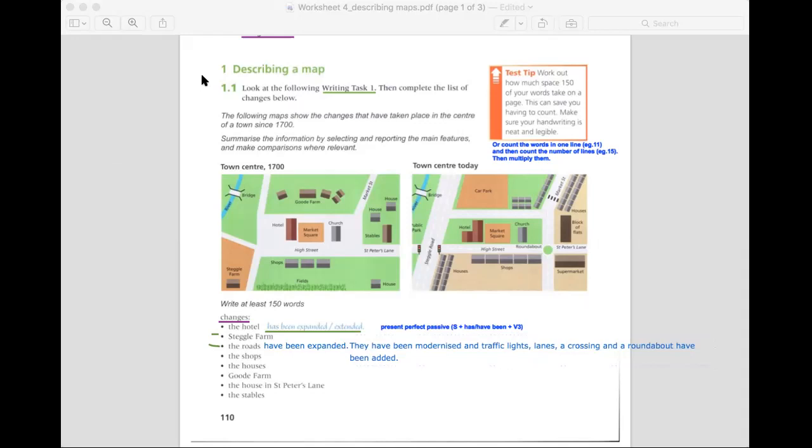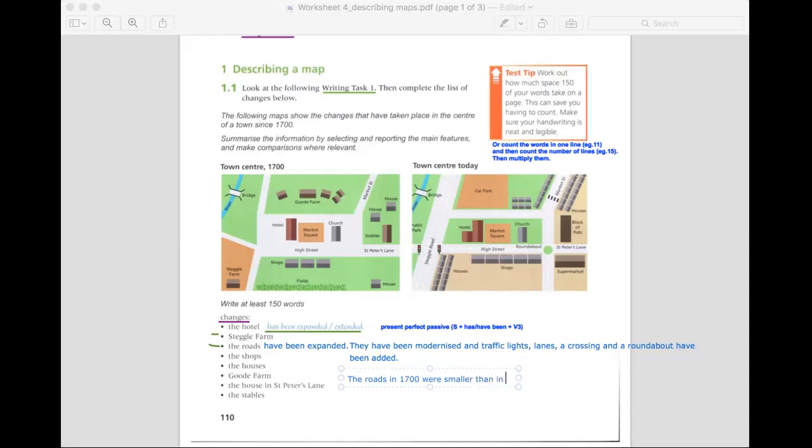So we can talk about changes in other ways as well by using comparisons. So for example, we could say, talking about the roads again, the roads in 1700 were smaller. So we're using comparisons.